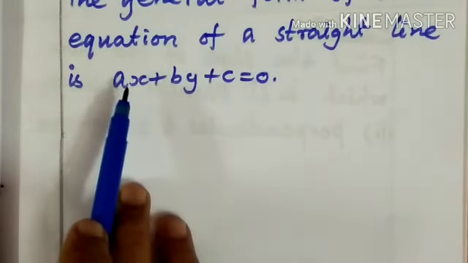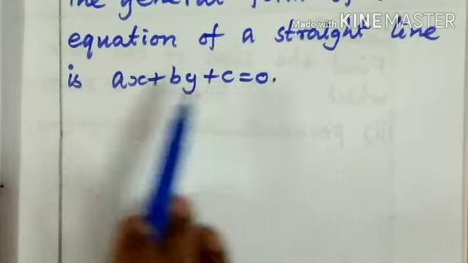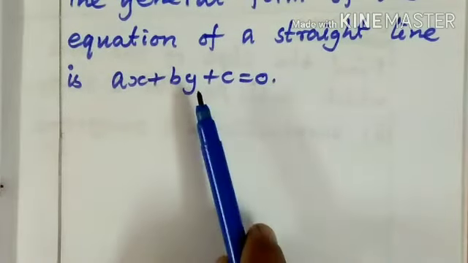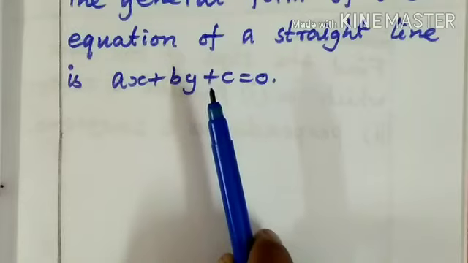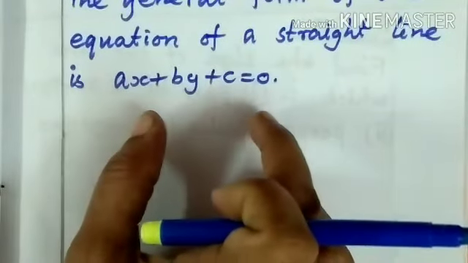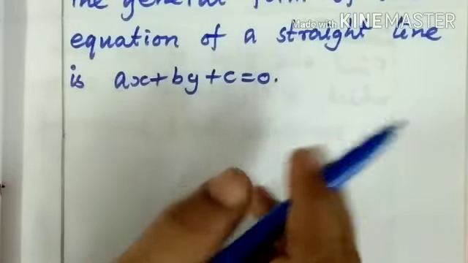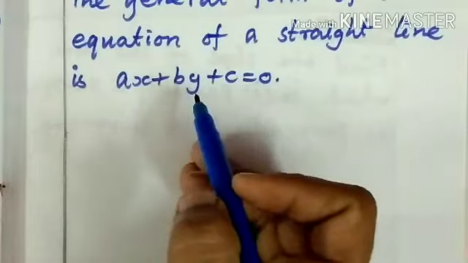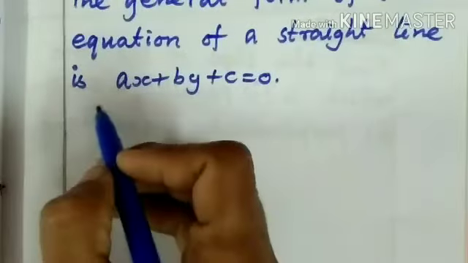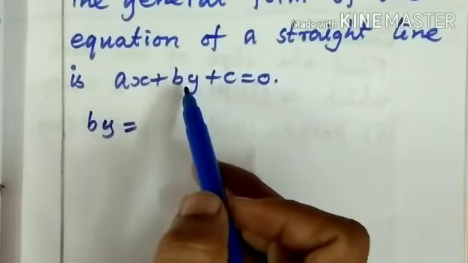The given equation is ax plus by plus c is equal to 0. Here we have to find the slope. Now, you have to bring this equation into the form y equal to mx plus c. So, you have to find the y term, that is by is equal to, here the y term is positive.